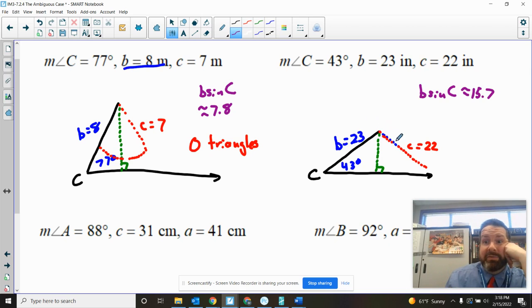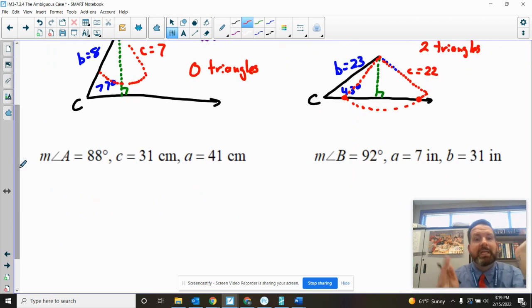The side I have is more than this, but it's less than this. So if I swing this around, it's going to make a triangle right here. But if I keep swinging it around, it's also going to make a triangle right there. This is that ambiguous case. So this time there are two possible triangles.